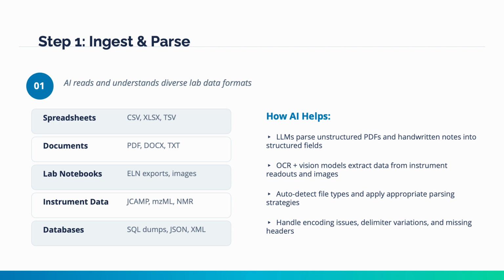Large language models can parse unstructured documents and even handwritten notes into structured fields. Optical character recognition combined with vision models can extract data from instrument readouts and images. The system can auto-detect file types and apply the right parsing strategy, and it handles all the messy edge cases like encoding issues, delimiter variations, and missing headers.